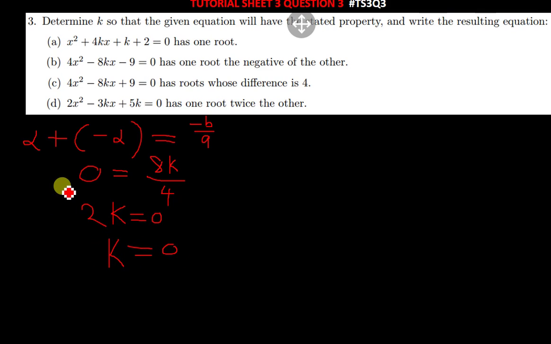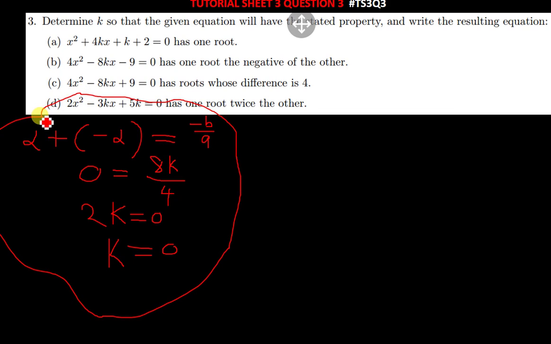So basically if you knew how to add and multiply the roots, you can even just go directly and find this. The reason why I went through all that process is because I wanted you to know the different ways in which you can solve these questions.